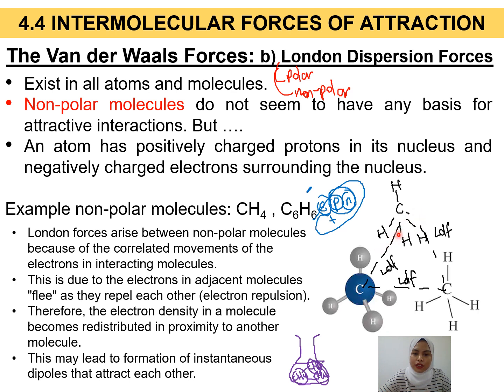So when the electrons repel one another, the electrons will be rearranged, which leads to the formation of an instantaneous dipole.